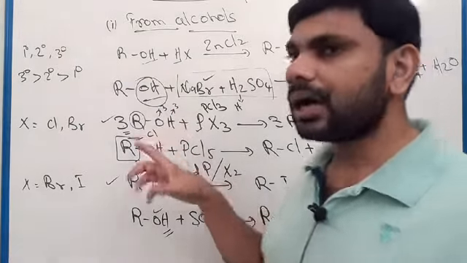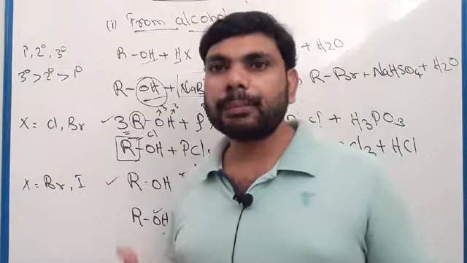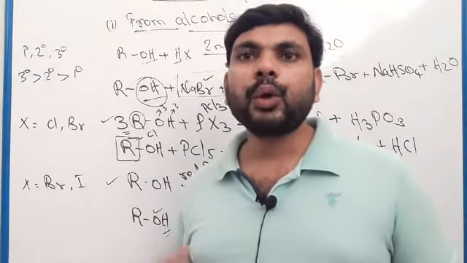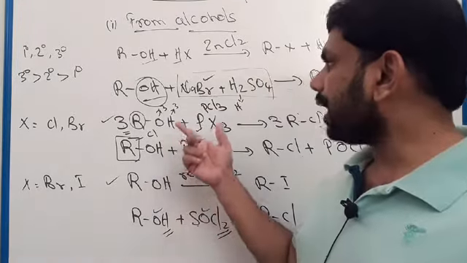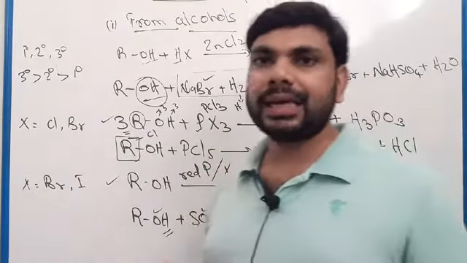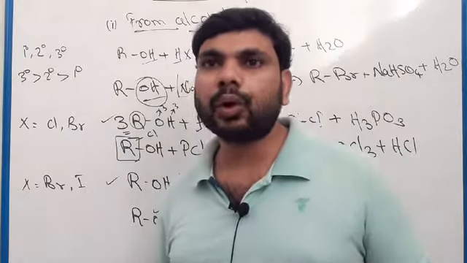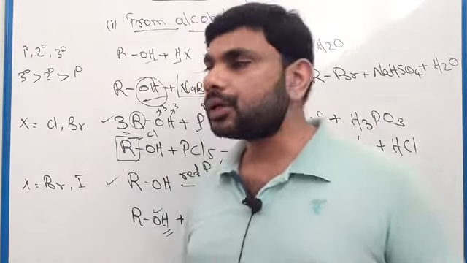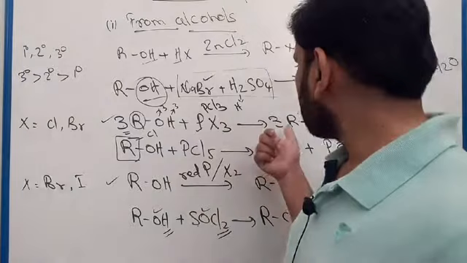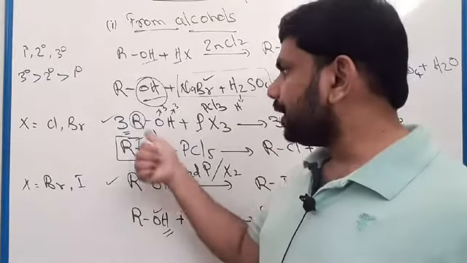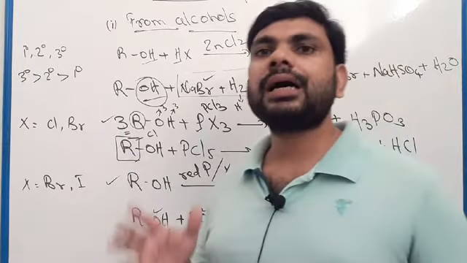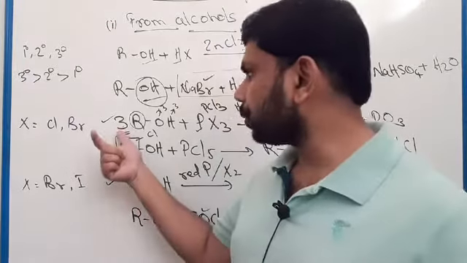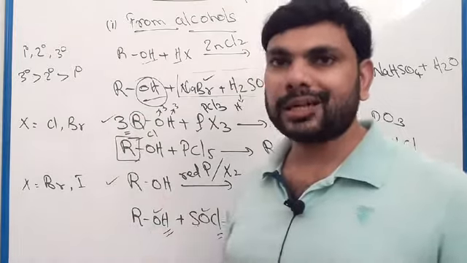Another one, alcohol reacted with sodium bromide and sulfuric acid, we can produce alkyl bromide. Another one, alcohol reacted with PX3, PCl3 or PBr3, we can produce alkyl halide. H3PO3 will be the side product, you can remember this 3, since 3 molecules.